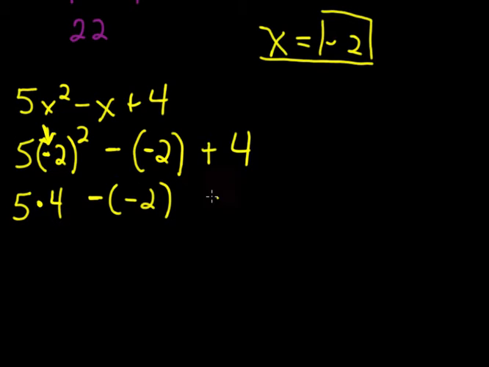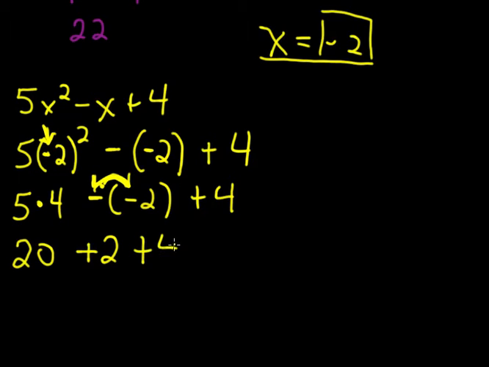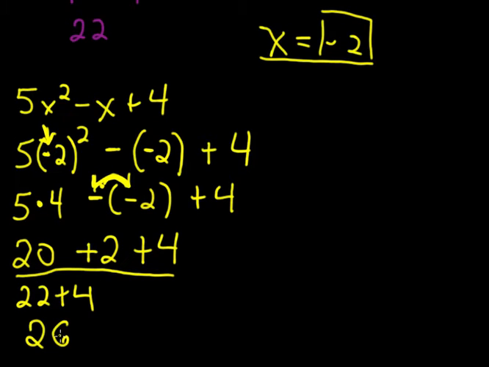Minus 2 plus 4. Now, I'm going to do my multiplications. So I have 20 out here, but I also have this negative times a negative happening here. So we'll say +2 plus 4. And if I do my additions now, left to right, I get 26. And this is how we evaluate polynomials.